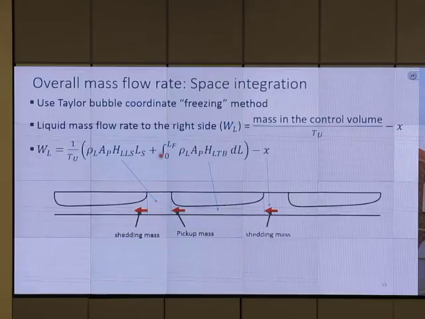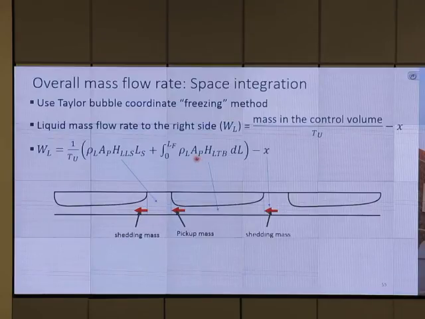Okay. This integration is to get mass in the film. Mass in the film is integral of rho dV, and V is not velocity but volume. Rho d volume.